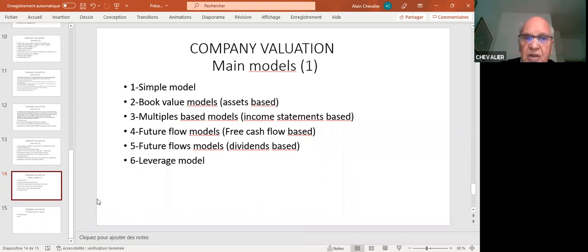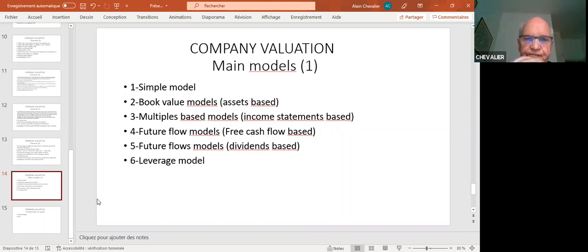But anyway, one of the things you notice when you look at all these models is that they can be connected. Just one or two elements of explanation.